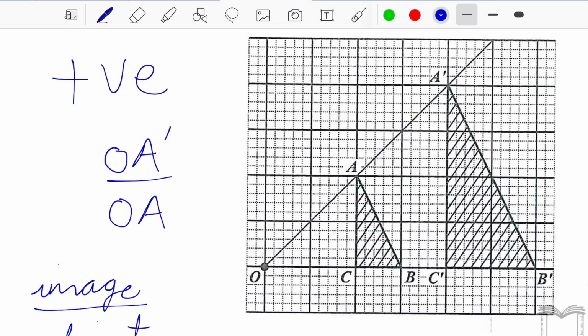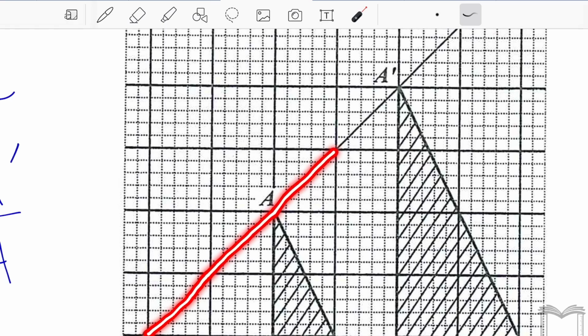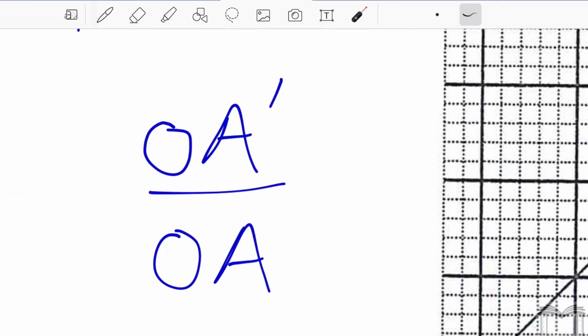So we can choose any 2 corresponding points in a triangle. For time's sake, let's just count the diagonals, and we can count that as a unit. So we have, let's count this as 1, 2, 3, 4. So that's 4 diagonals. We are not so much concerned about the exact length. We are more concerned about the ratio of the lengths, or how OA prime compares to OA.